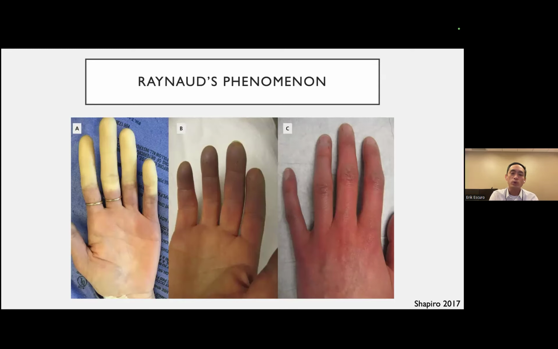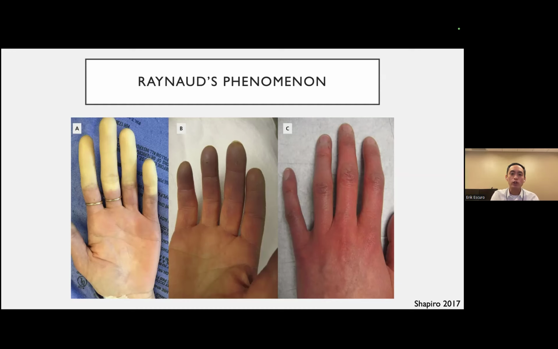But the unique thing about Raynaud's is that you get this very distinct biphasic color change. So you have the blanching in picture A as the blood supply is cut off to the distal fingertips. In picture B, you get that duskiness from the cyanosis just from the fingertips being deprived of oxygen.